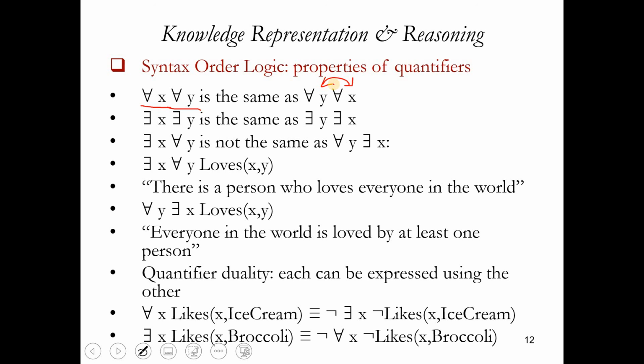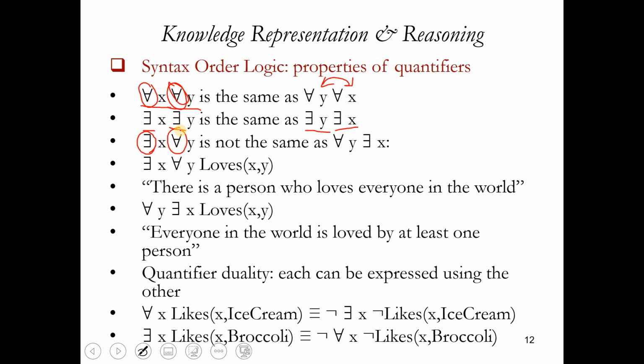Similarly, if the operator is the same, they can come in any order, X first or Y first, same thing. Similarly, for some X, some Y, you can say for some Y, some X, no difference. But if the symbols are different, then the meaning changes. Be careful. Now you cannot write them in the opposite order.